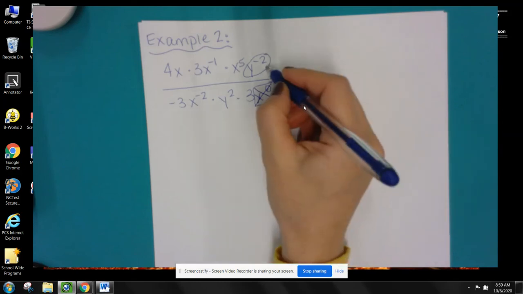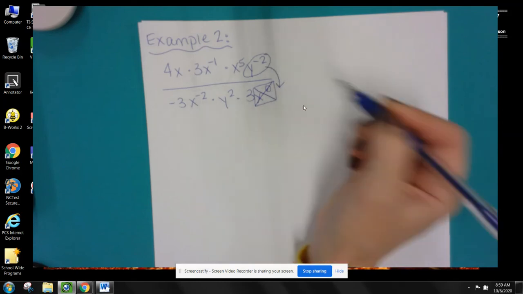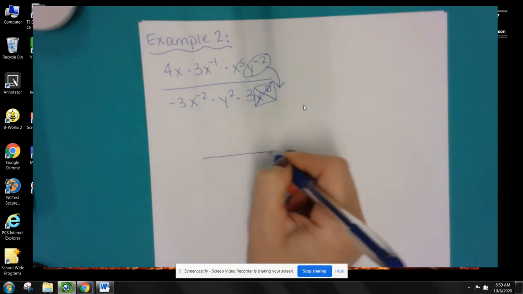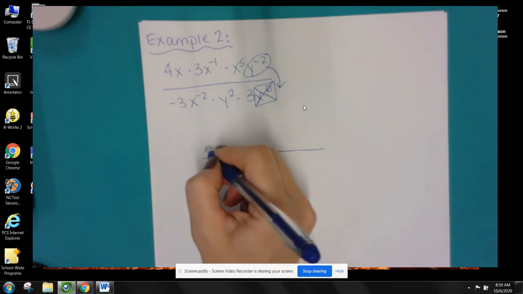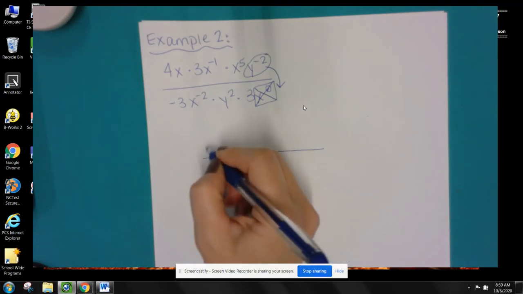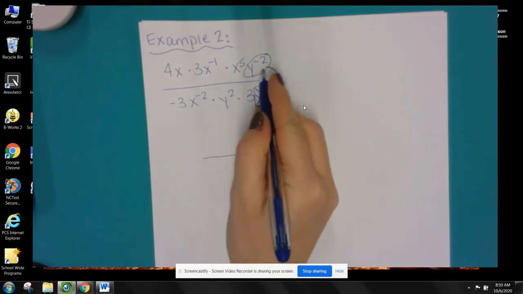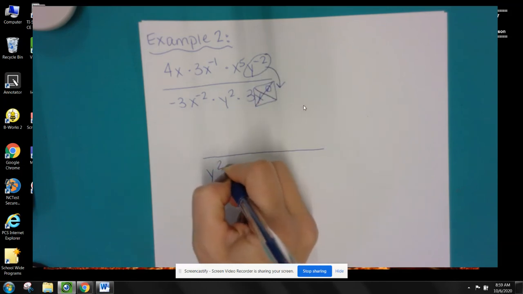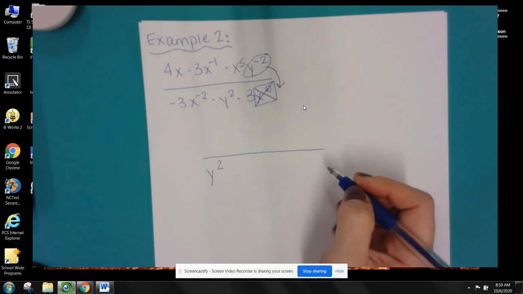I'm not allowed to have negative exponents. So I'm going to move that to the bottom, and I'm going to start to rewrite this fraction. So I'm going to put all the stuff that I have moved in the front. So y to the -2 is going to go to the denominator. So I'm going to put y squared in the bottom.